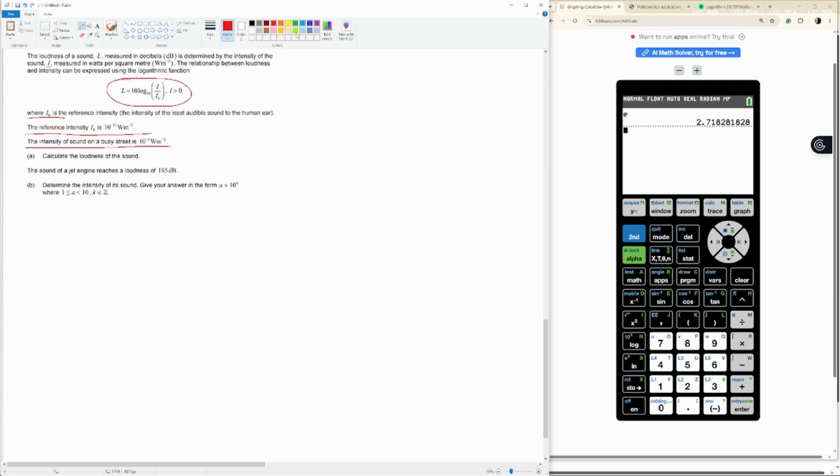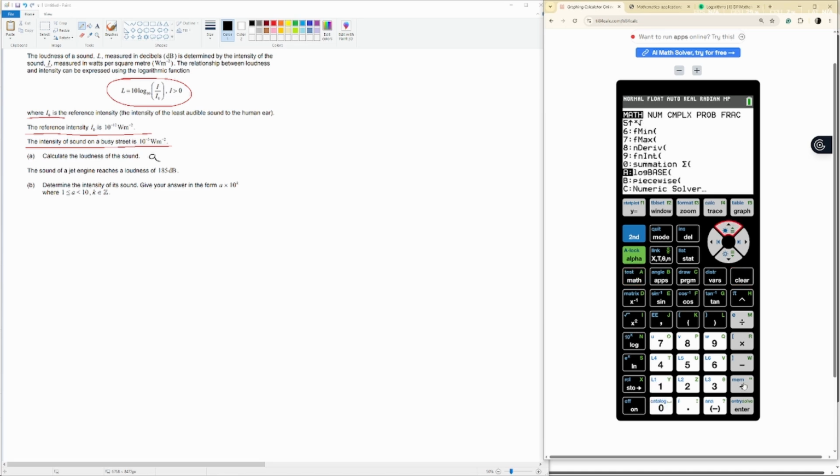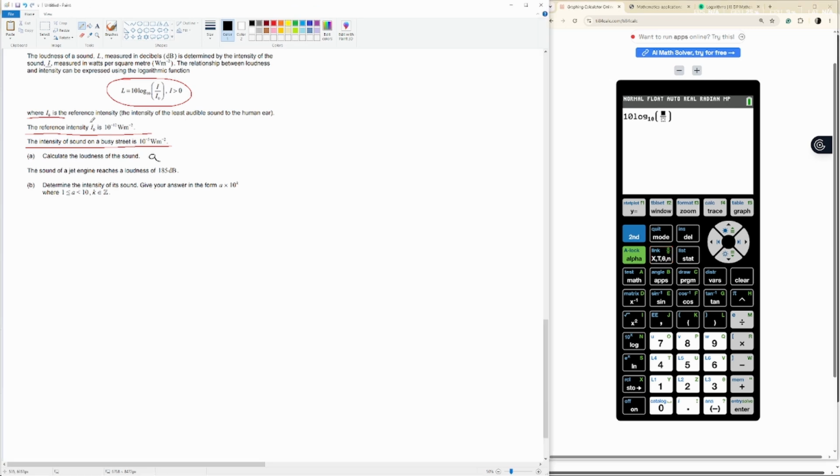So of course part A is always the easiest one. You just calculate everything that you're given. You can just press everything straight into your calculator: 10 log base 10, then the intensity is 10 to the power of negative 5, and the bottom one is 10 to the power of negative 12.